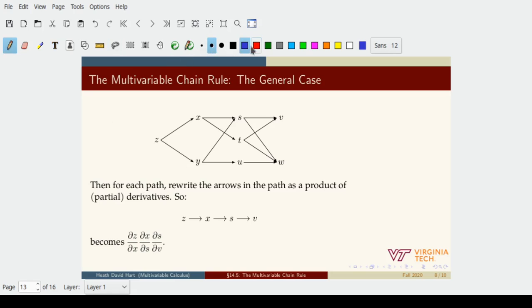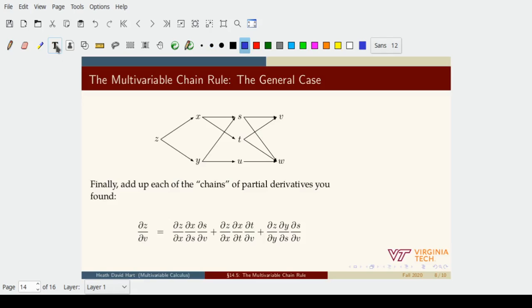If we multiply these together, the dx's cancel, the ds's cancel, and we get a partial derivative of z with respect to v, but we have to add that to the other two partial derivatives that we get to get the complete picture of how z is changing with respect to v.